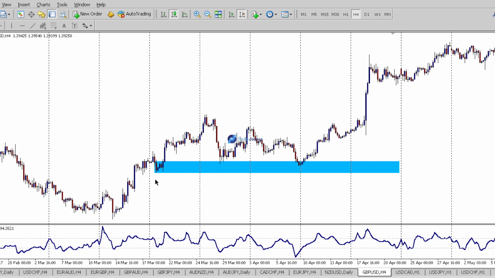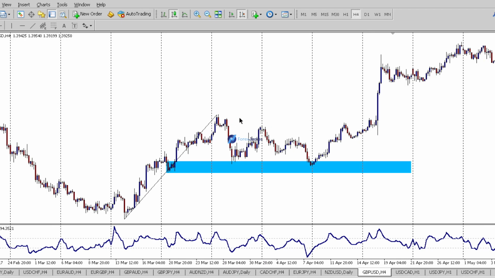If we look back at this chart, price is showing a strong move to the upside. This is the point where most people would be like, oh, this is an uptrend, where can I look for longs?